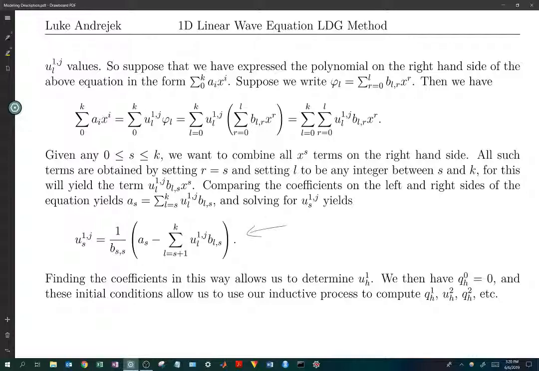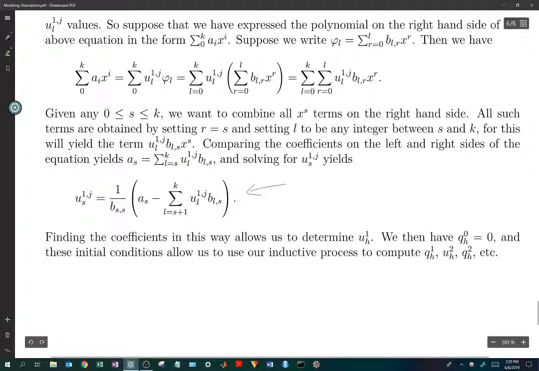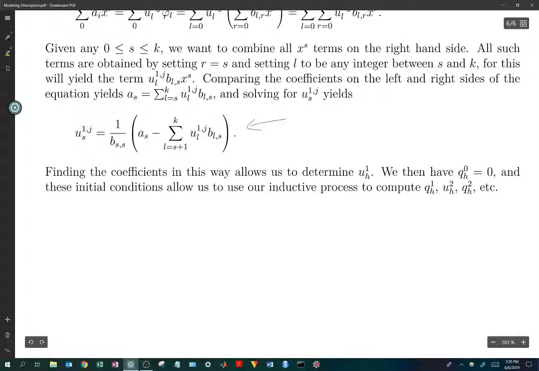But once we do this, we figured out how to get UH0 and UH1, because UH0 we get from projecting the initial condition, and UH1 we get from UH0 using this projection here.